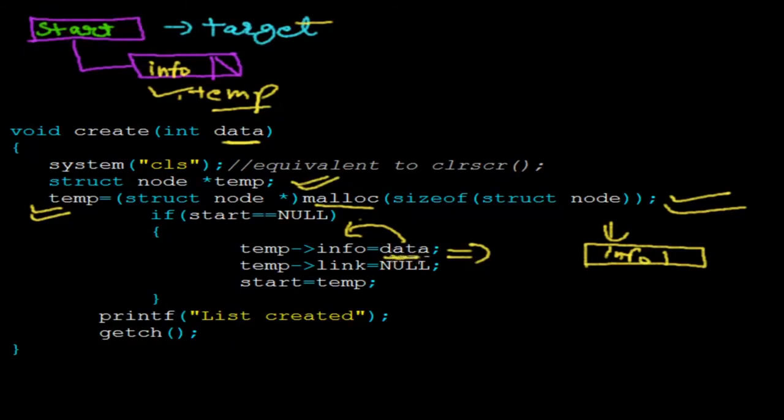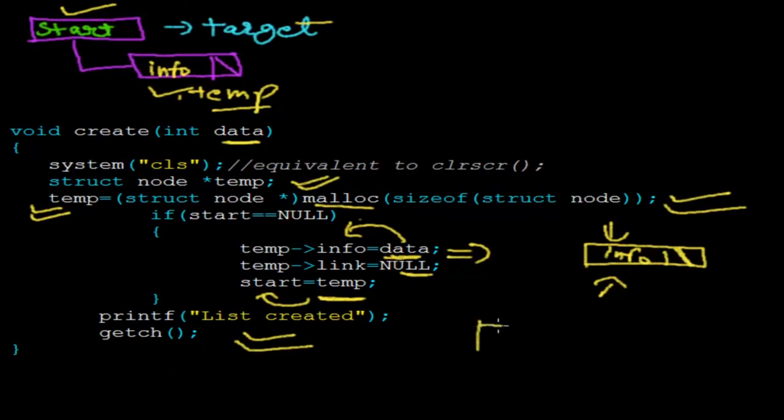So the data is copied to the info part of the node. The link will be overwritten by a value null, as this is the first and also the last node of the linked list, and we will copy the address of temp into the special pointer start, and we will print this message list created, and our function will exit.